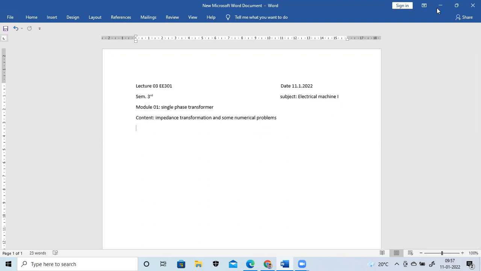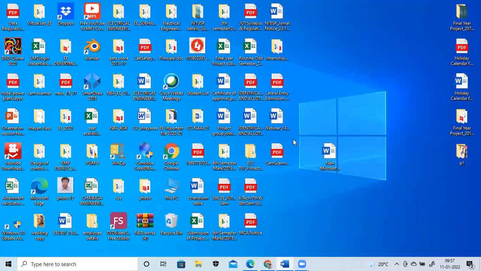So how can we transfer the impedance? Let's see the schematic diagram of the transformer, how we can represent the electrical quantities of the primary side and secondary side.